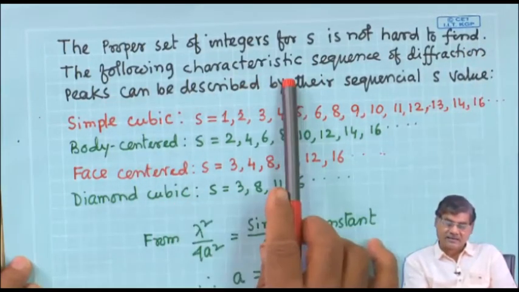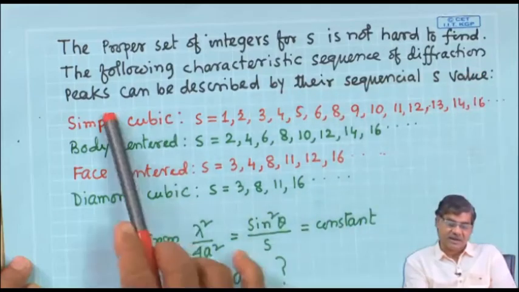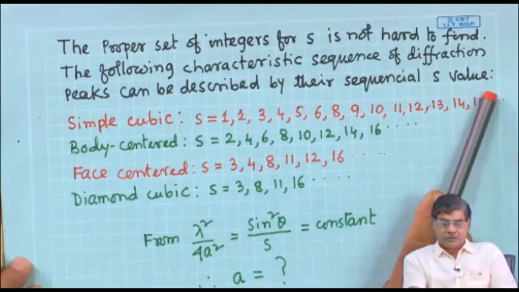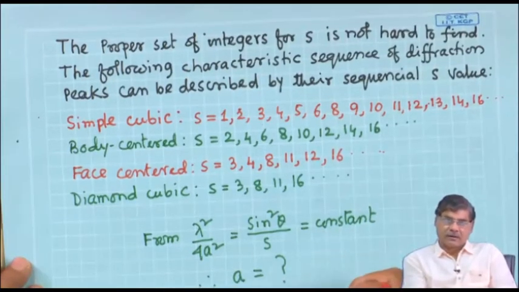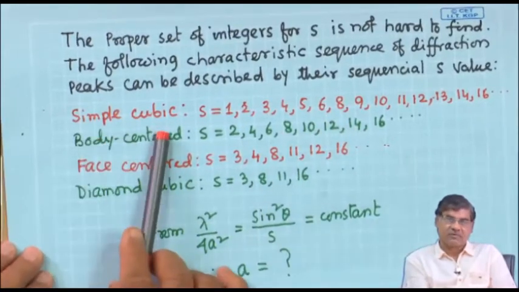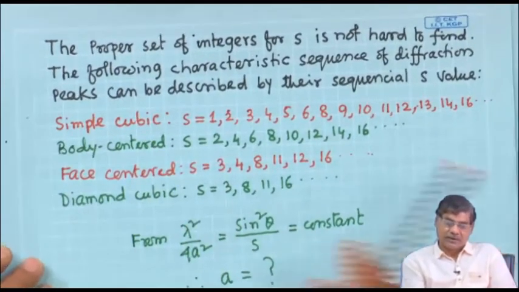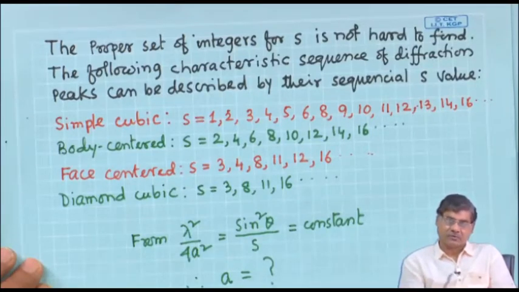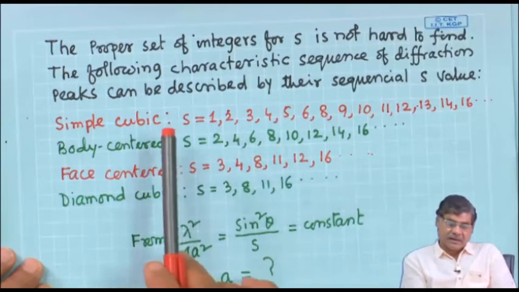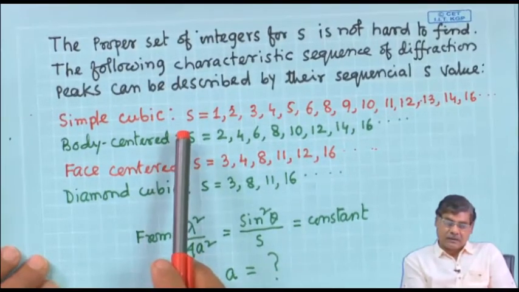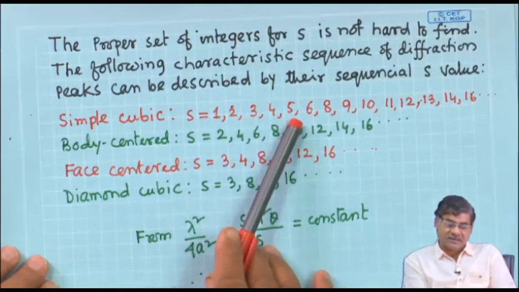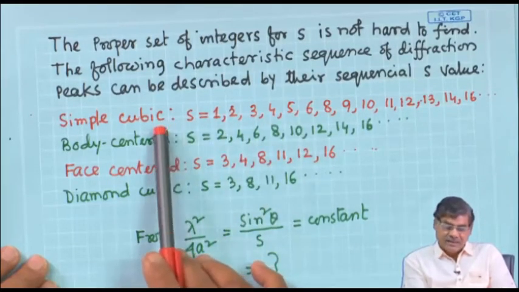The characteristic sequence of diffraction peaks can be described by their sequential S value, whatever I showed in the table. If you give numbers 1, 2, 3, 4, 5 to the peaks, they will satisfy this S value.